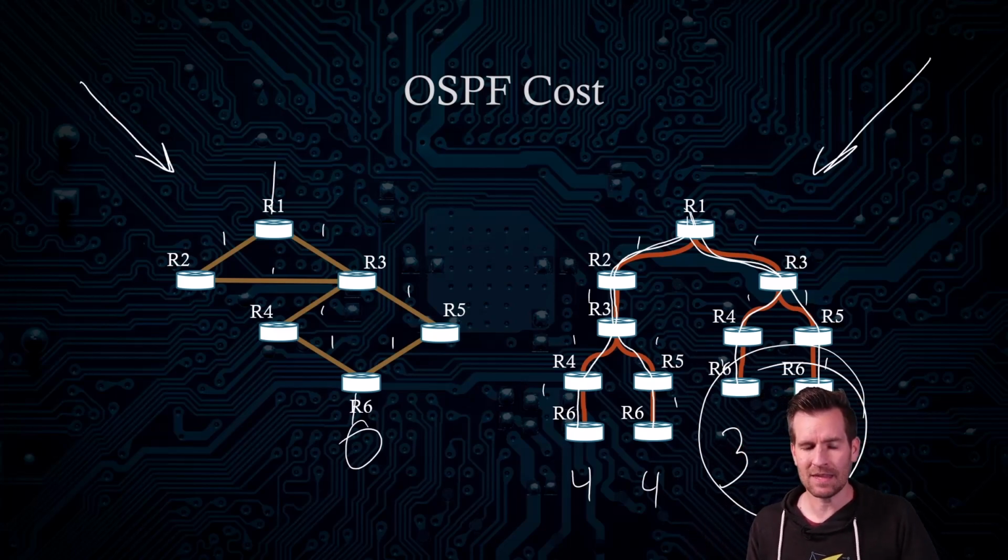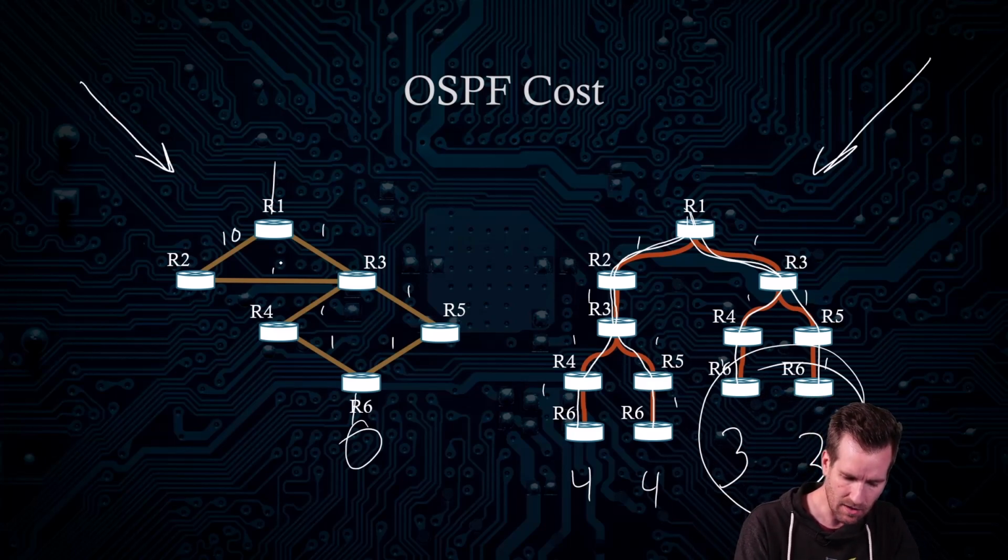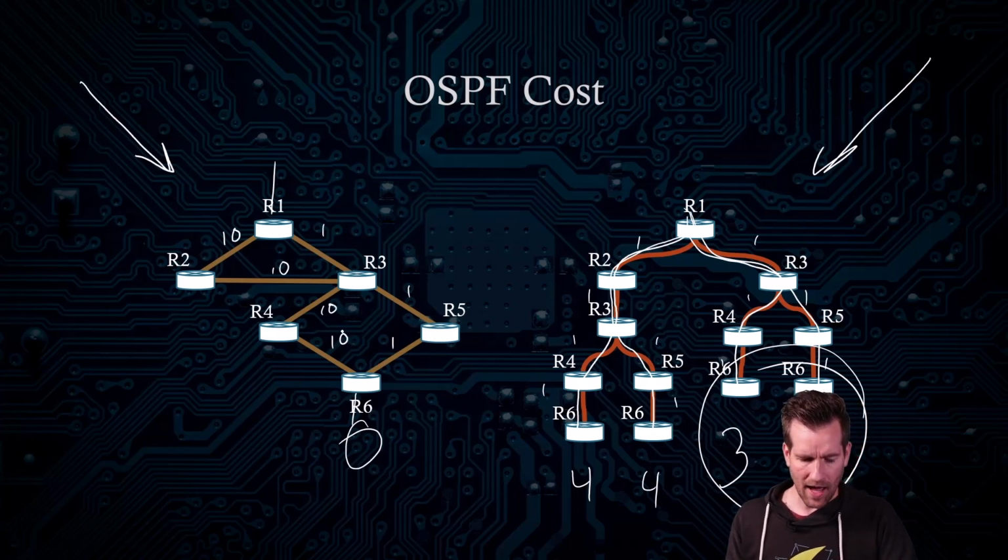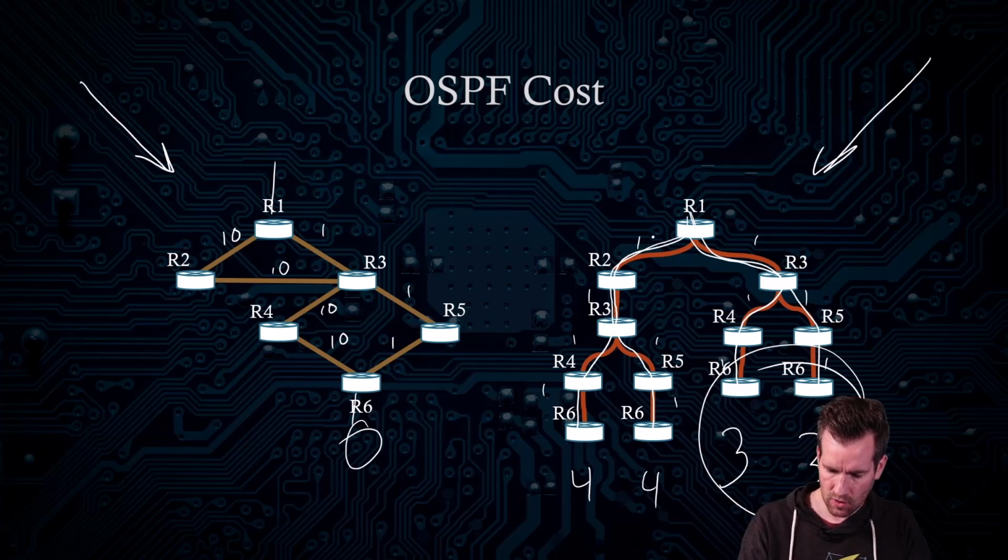But let's say some of these are not the same as others. For instance, let's say these are 10 gig links across here. Now what happens is if we were to add that to our list, 10 gig between R1 and R2, between R2 and R3, between R3 and R4, and R4 and R6. So now if we were to add this up, 10 plus 10 plus 10 plus 10 would be 40.